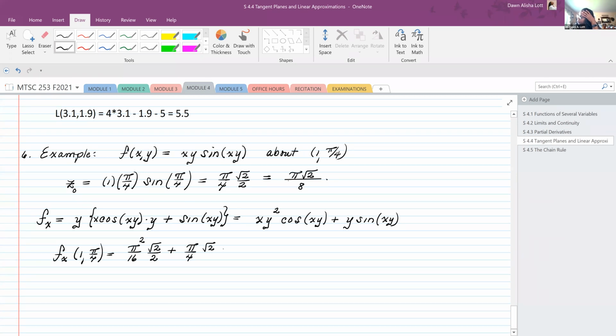So I can pull out a pi, I can pull out an 8, and I can pull out a root of 2, and that leaves a pi over 4 plus 1.